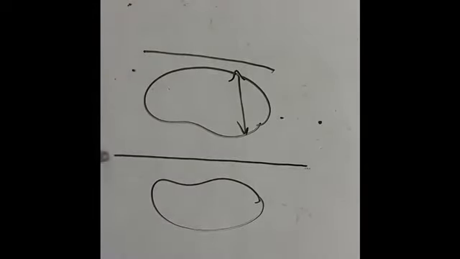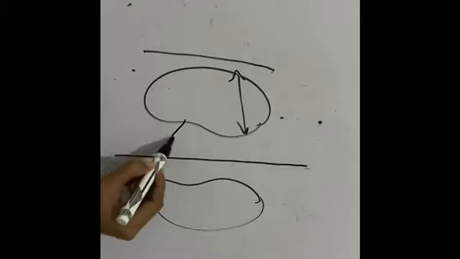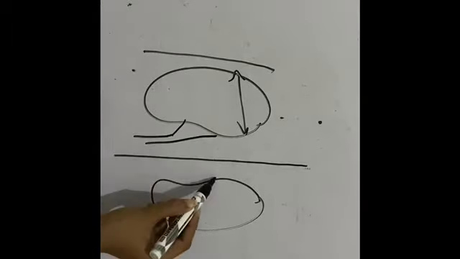And then from the kidneys arise two tubes which are known as ureters. These ureters combine together in the urinary bladder. Then the urinary bladder at the end opens into the urethra.